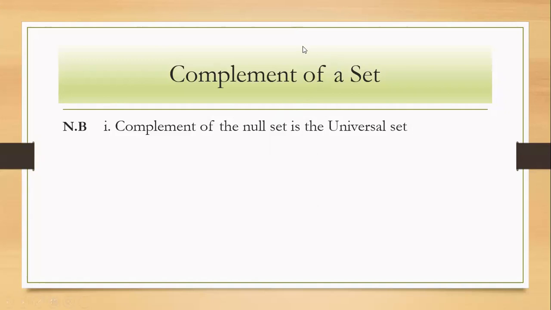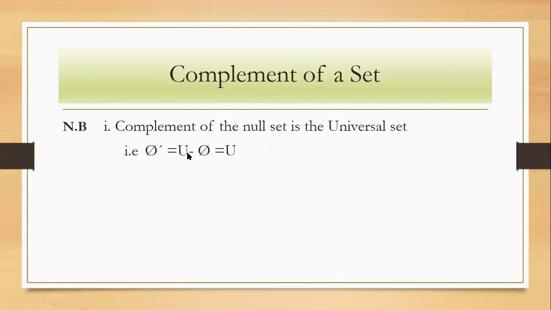Complement of the null set is the universal set. Whenever we are finding the complement of the null set, complement means U minus, and null set means U minus null set.